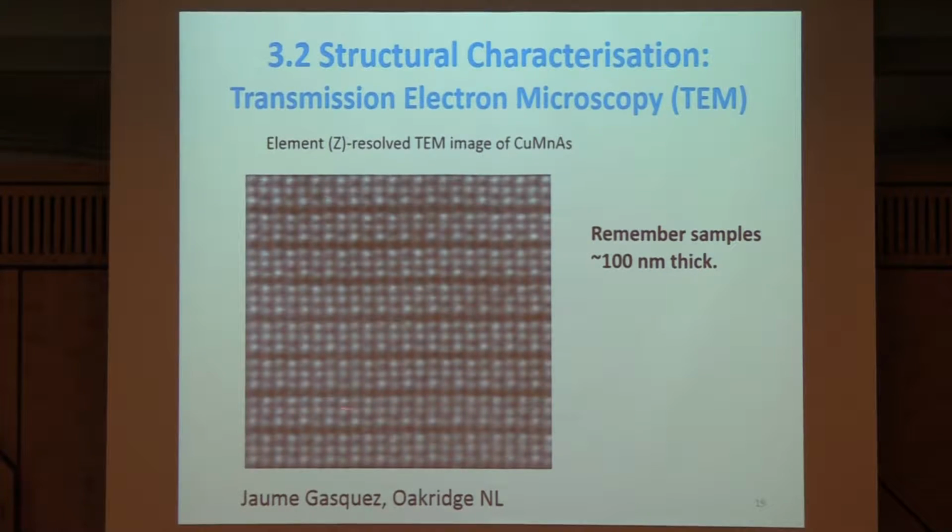Okay, so this is a high quality TEM image again of copper manganese arsenide. I'll just say a little bit more about the structure you can see here. You've got some really rather nice Z contrast. You can see variations in intensities along these rows. Very hard to get images of this quality.